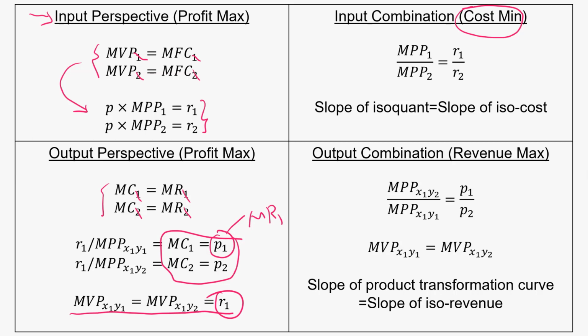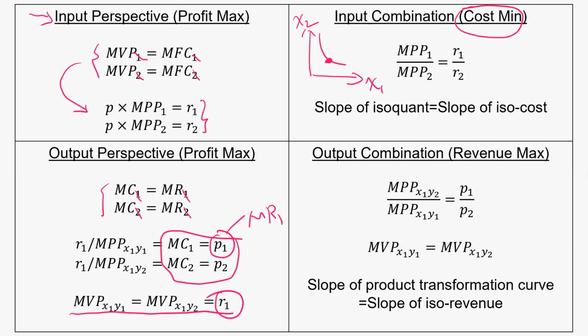So for each given output, and remember, each given output is along one isoquant curve, along that isoquant curve, what is the point that gives you the least cost? So it's also called the least cost input combination.